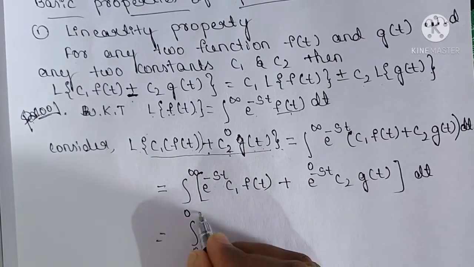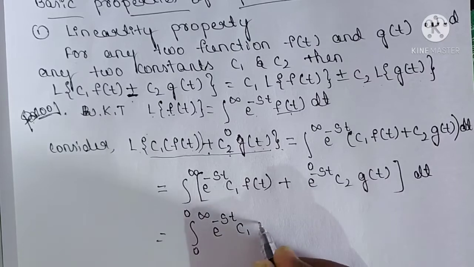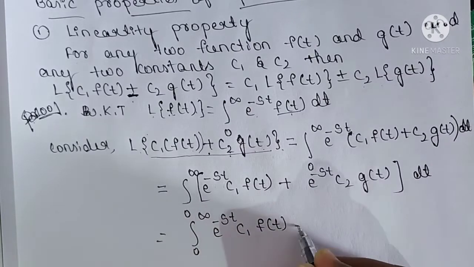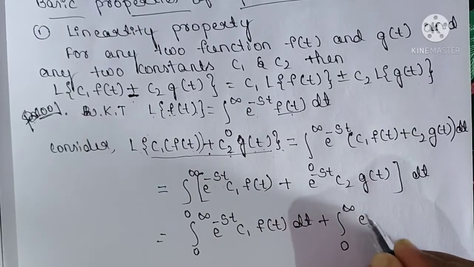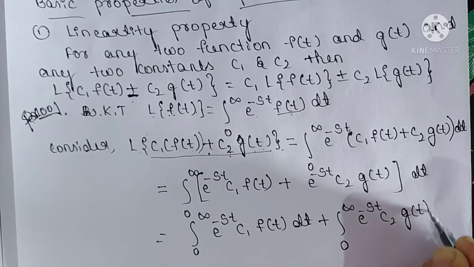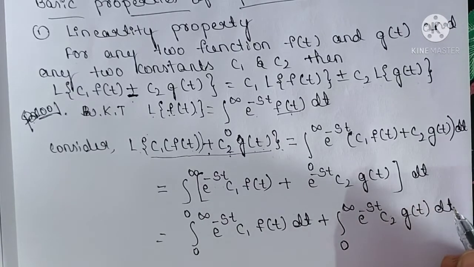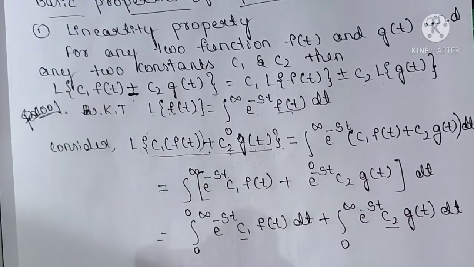This implies integral from 0 to infinity of e^(-st) c1 f(t) dt plus integral from 0 to infinity of e^(-st) c2 g(t) dt. Here we are integrating with respect to t, but c1 and c2 are constant terms, so you take them out.